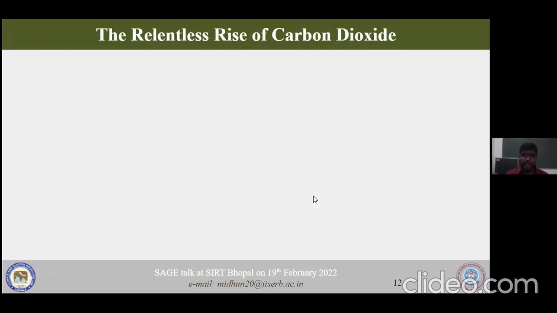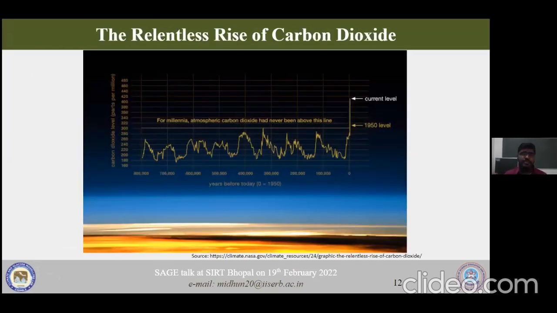The culprit for this rise in temperature is, of course, carbon dioxide, which is a greenhouse gas. I hope I don't have to explain it further: carbon dioxide acts as a greenhouse gas and traps the outgoing radiation, and it essentially warms up the atmosphere, which causes all this environmental issue.